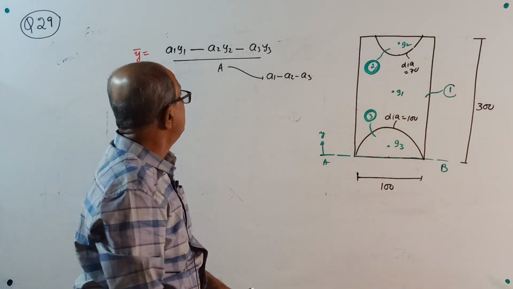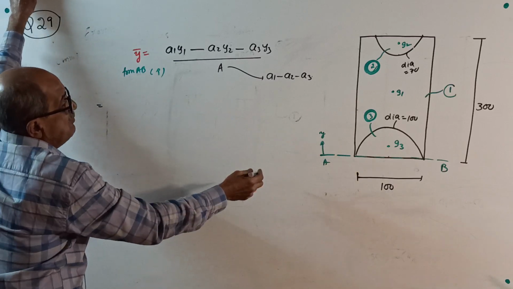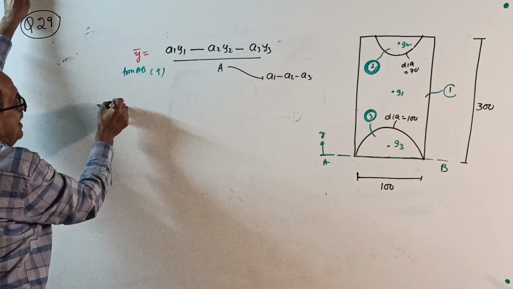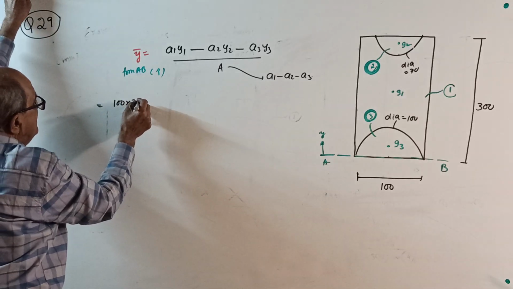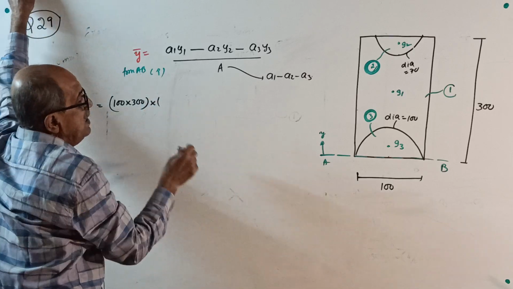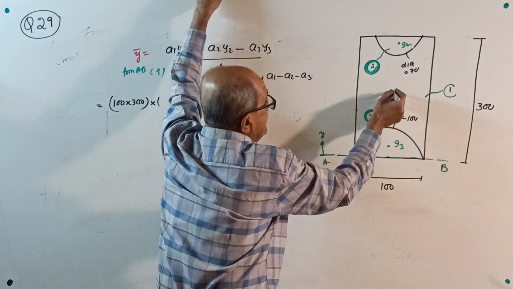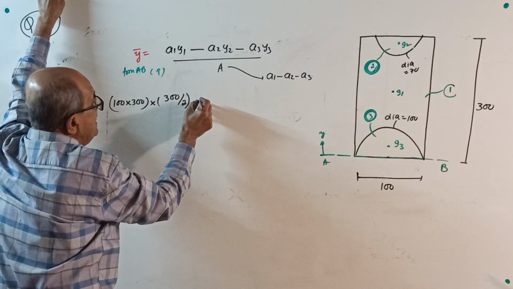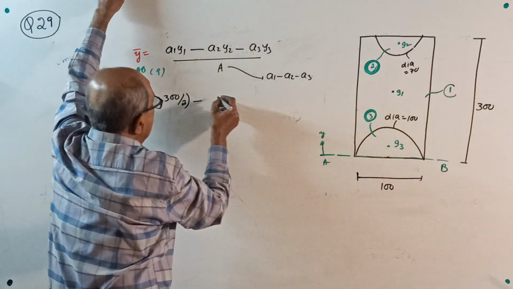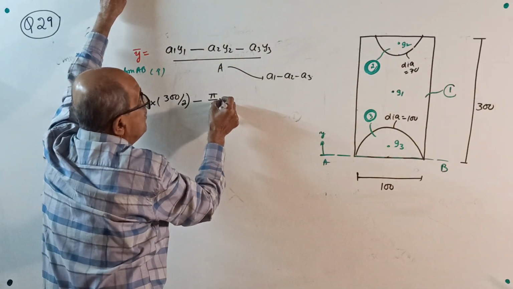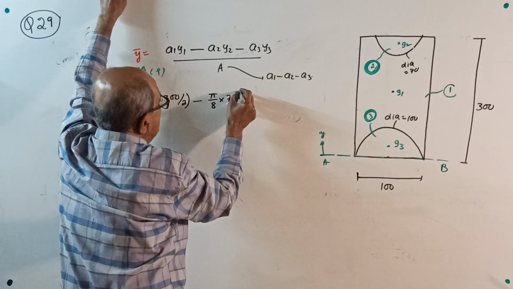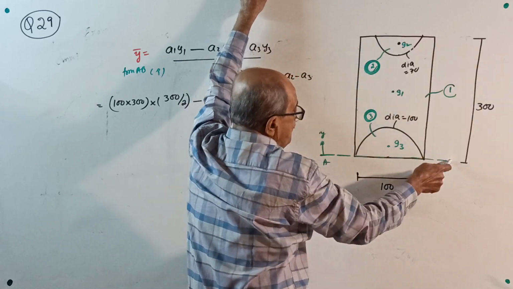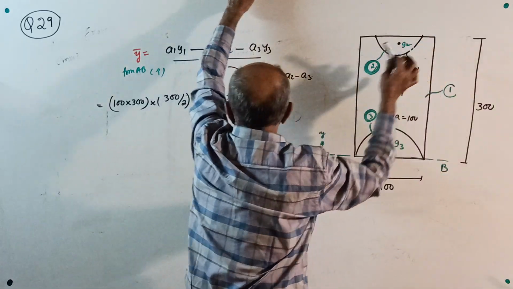A1 is the full rectangle area, 100 into 300. A1 into Y1, centroid from here 300 by 2, minus second semicircle pi by 8 of 70 square, into distance of its centroid from here is 300.